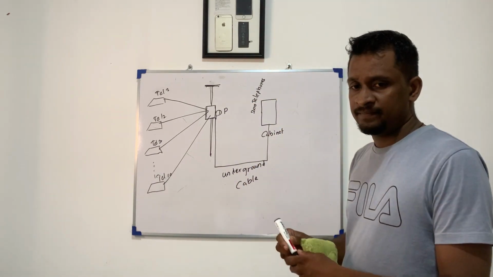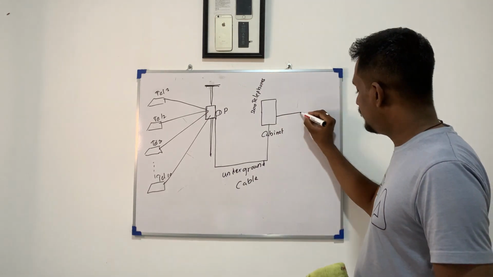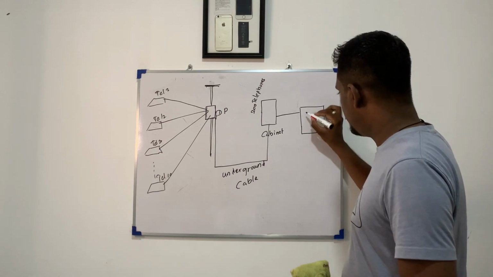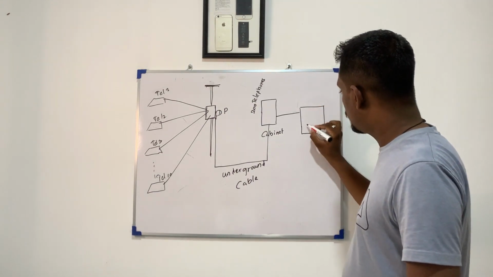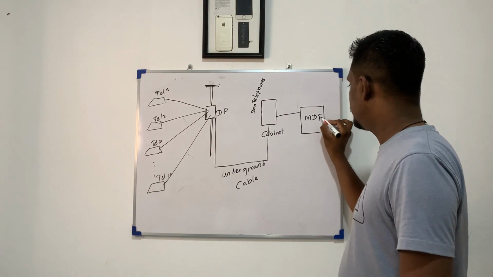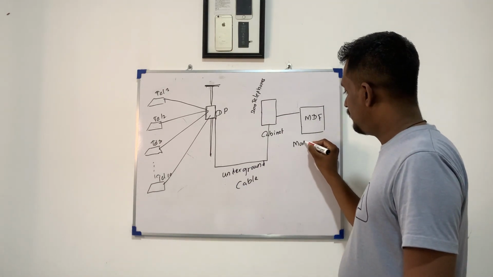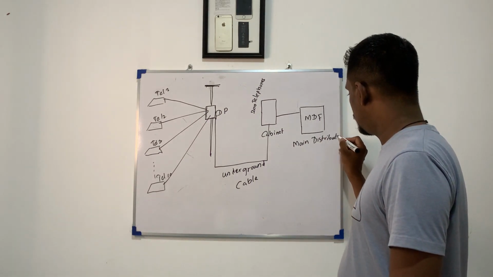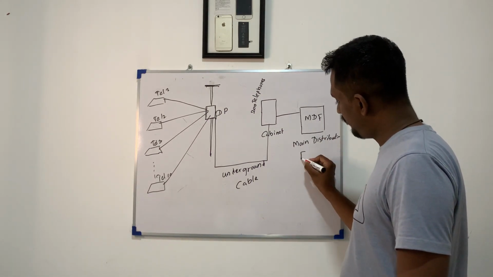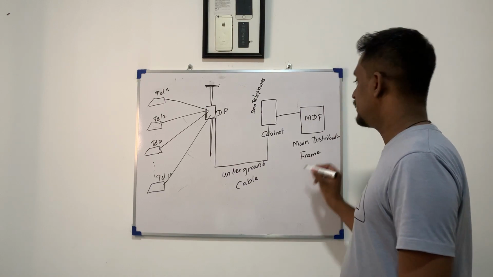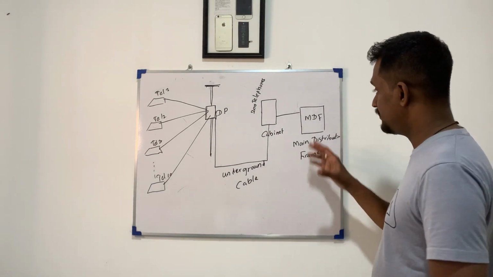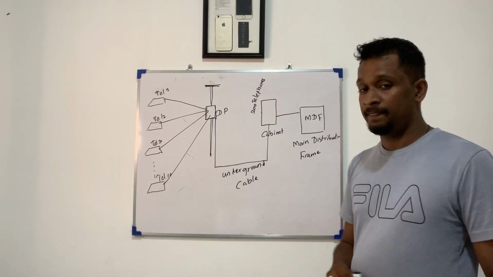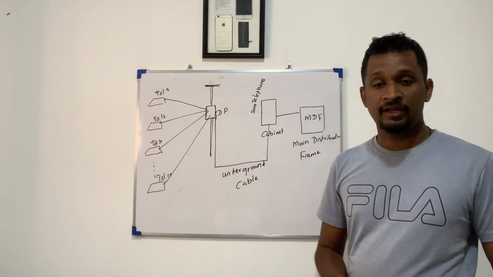Then this unit is connected to another one called the MDF. MDF means main distribution frame. This is a very special case. Many cabinets are connected to the main distribution frame.